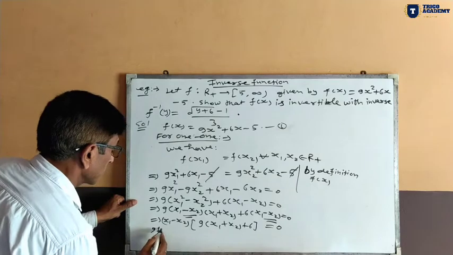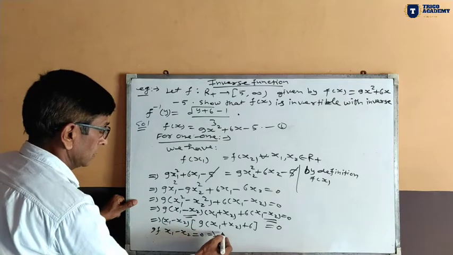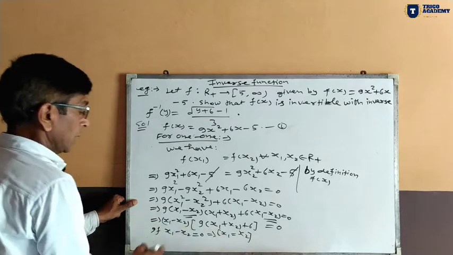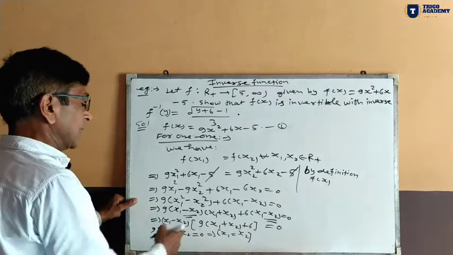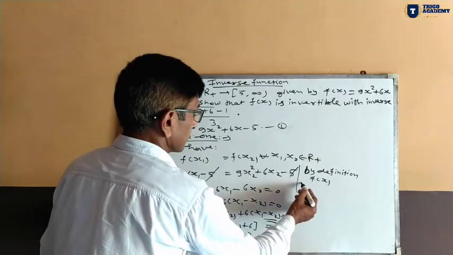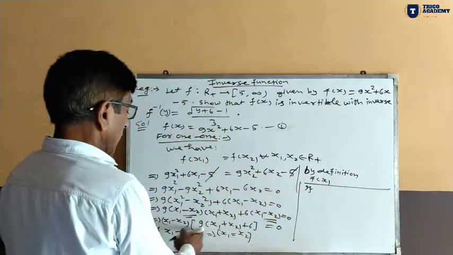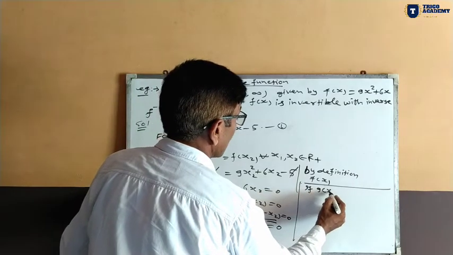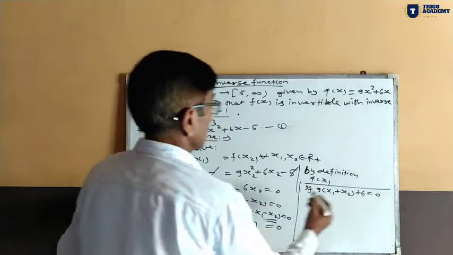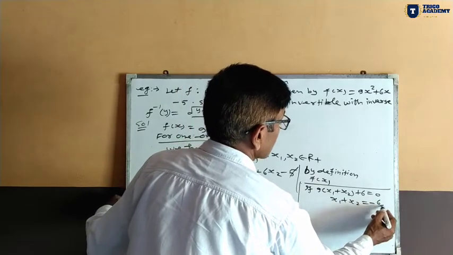If x1 minus x2 equals 0, then x1 equals x2. If we consider the first factor equal to 0, then x1 equals x2. If 9(x1 plus x2) plus 6 equals 0, then x1 plus x2 equals minus 6 upon 9.